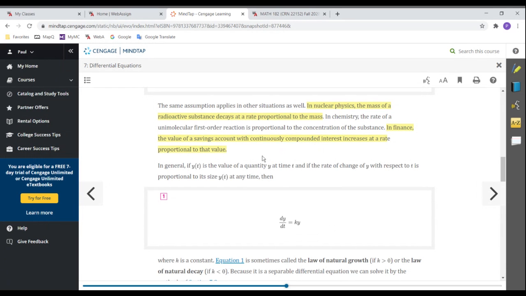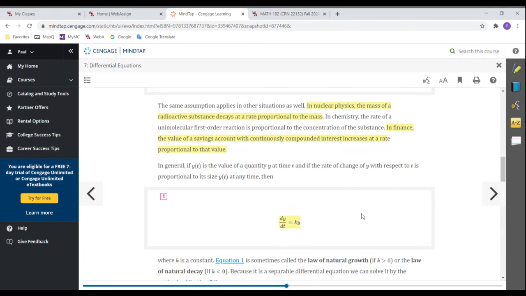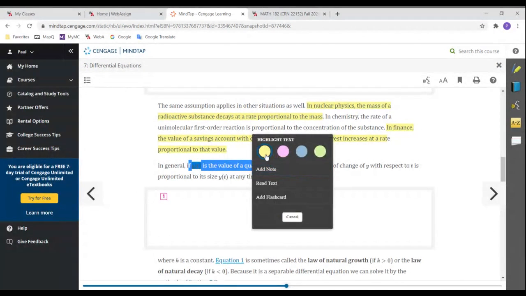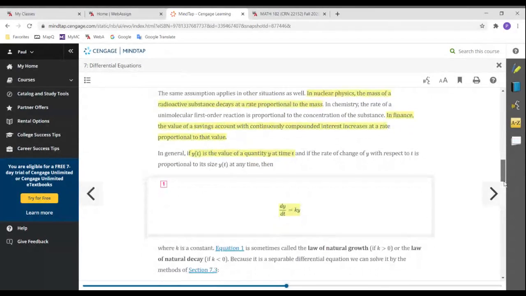So we have here then the general formula. In general, if y of t is the value of a quantity y at time t, and the rate of change of y with respect to t is proportional to its size, then at any time dy/dt will equal k times y.